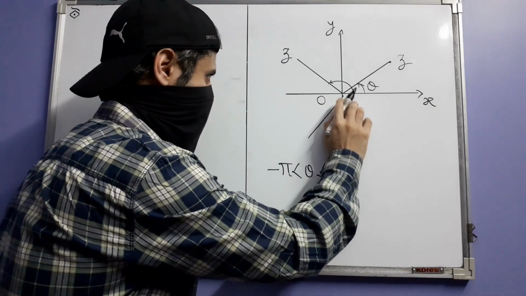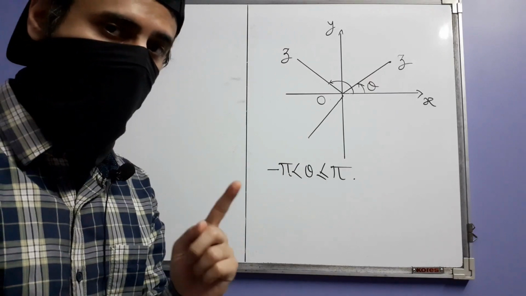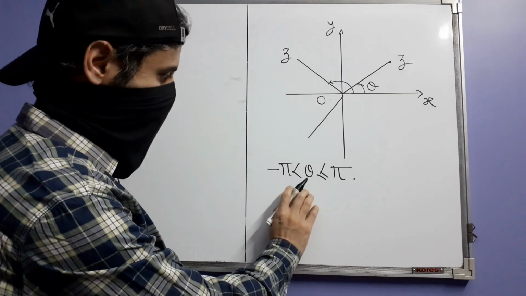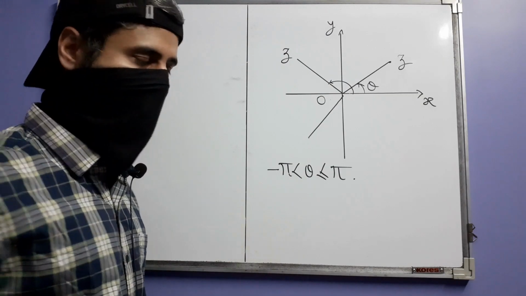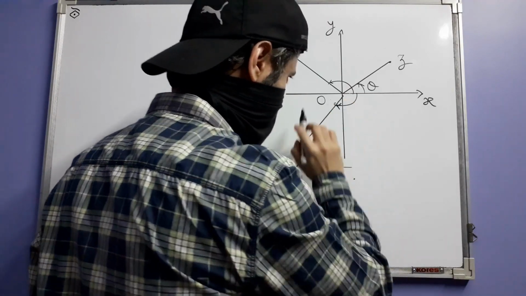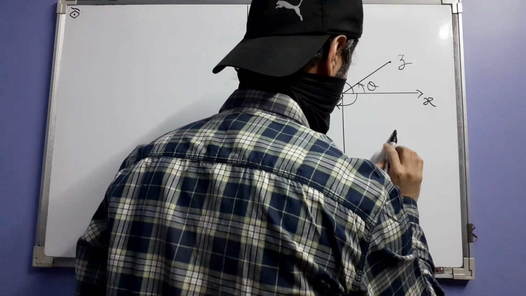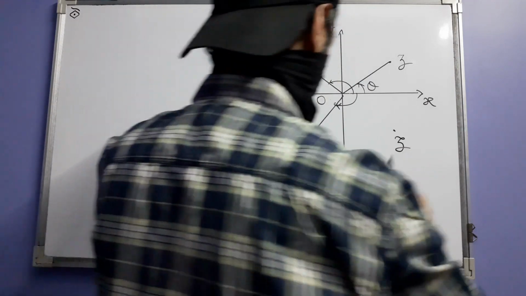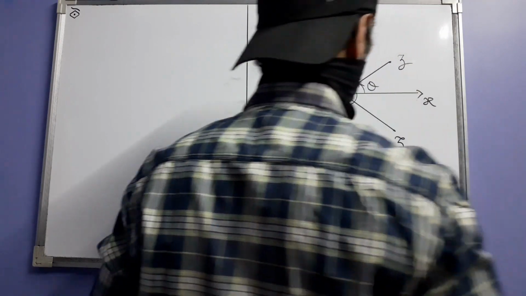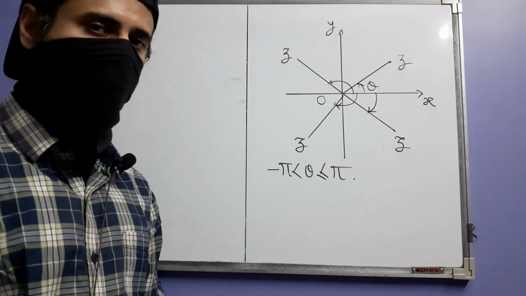I can no longer have this type of rotation because that exceeds pi, and that is why I am forced to consider clockwise rotation, which however is allowed because theta can be negative here. Okay, so this becomes my argument. Similarly, if the complex number lies in the fourth quadrant, then this clockwise rotation becomes the argument.